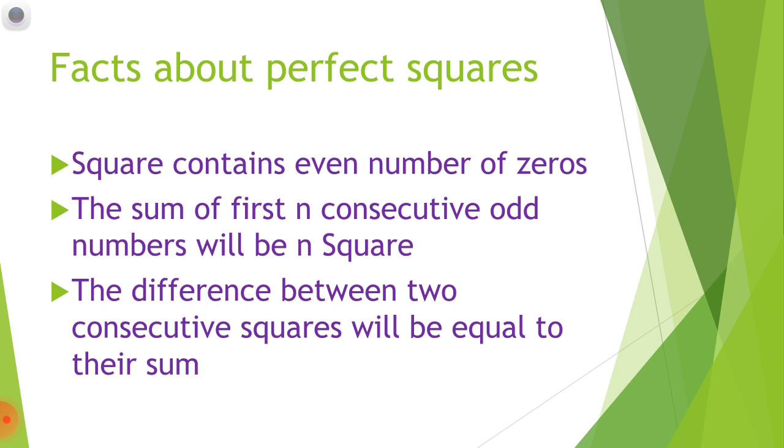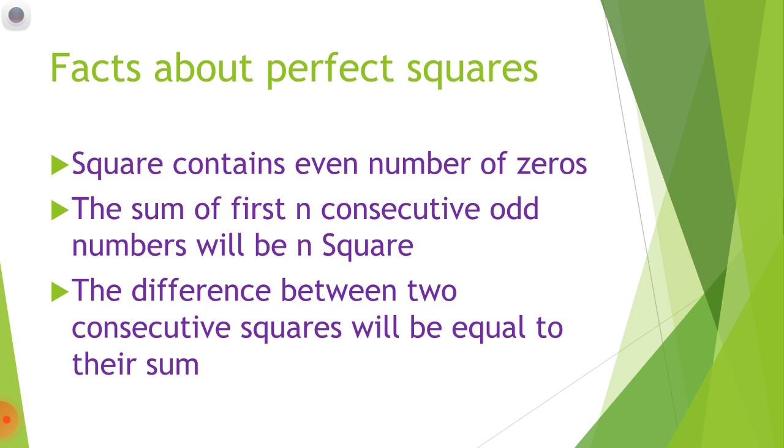And the next one, the difference between two consecutive squares will be equal to their sum. What does it mean? When we subtract 20 square from 21 square, the answer will be 41.